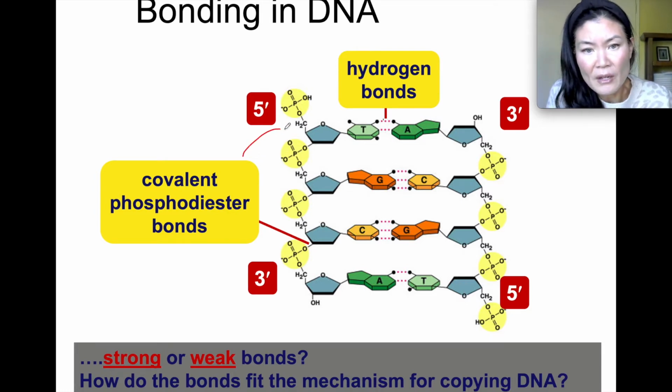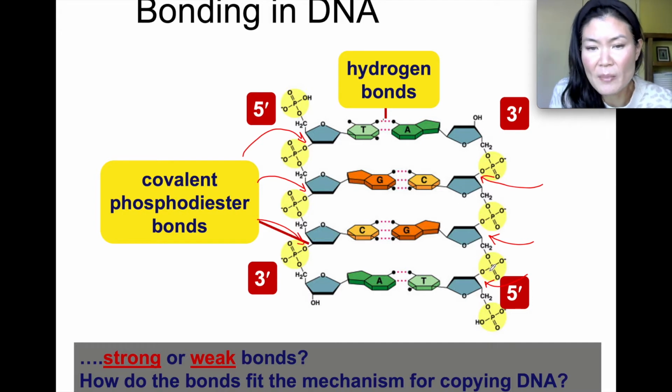There's a phosphodiester covalent bond there, a phosphodiester covalent bond there, and then there's one right there. And maybe I'll just point at all of them. So there's one right there, one right there. So it's very strong bonds. So it would be difficult to cut DNA going in that horizontal direction.